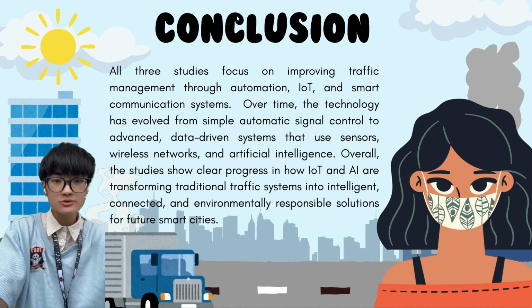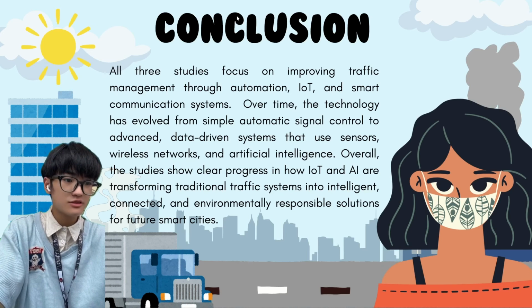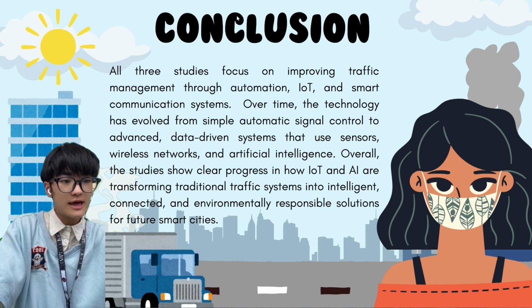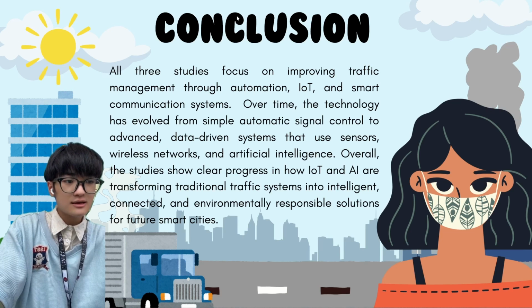Lastly, I will make a conclusion. All three studies focus on improving traffic management through automation, IoT, and smart communication systems. Over time, the technology has evolved from simple automatic signal control to advanced data-driven systems that use sensors, wireless networks, and artificial intelligence, that is AI.